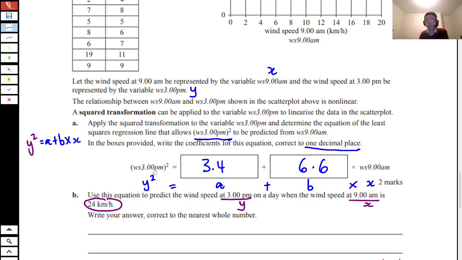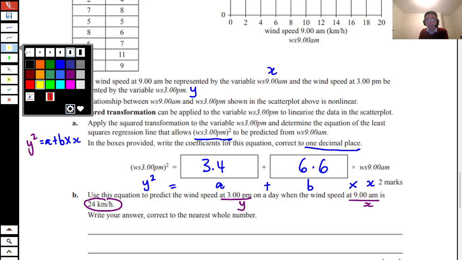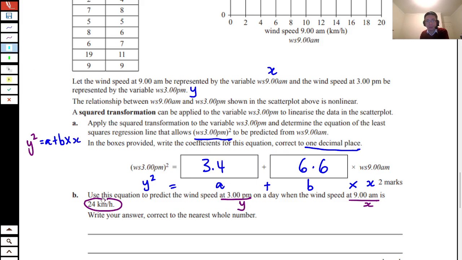We have an equation for y squared, but we're asked to predict y. Now, one other thing to note is this question says use this equation. So I assume this means use the rounded values. Because those are the numbers that were in the equation.